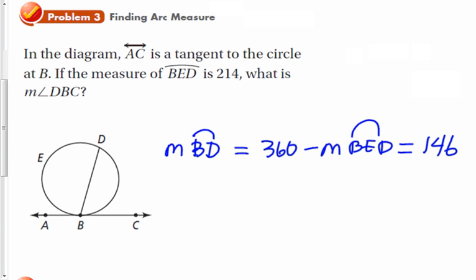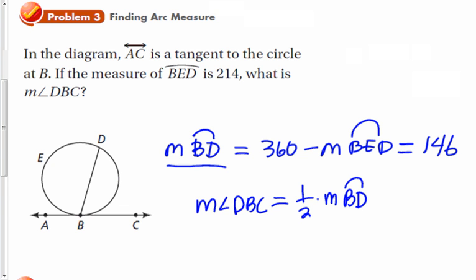So the measure of arc BD is 146, and we know that the measure of angle DBC is equal to 1/2 of the measure of arc BD, and that's by the new theorem 12.12.